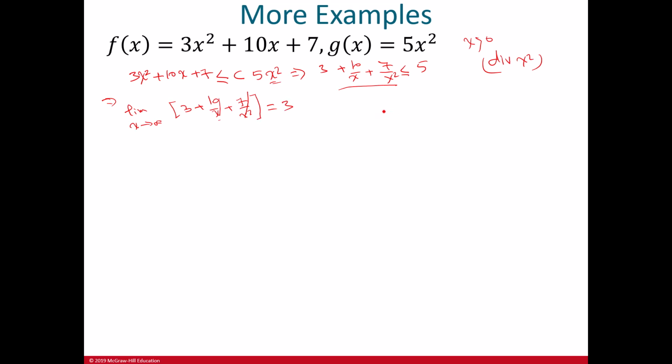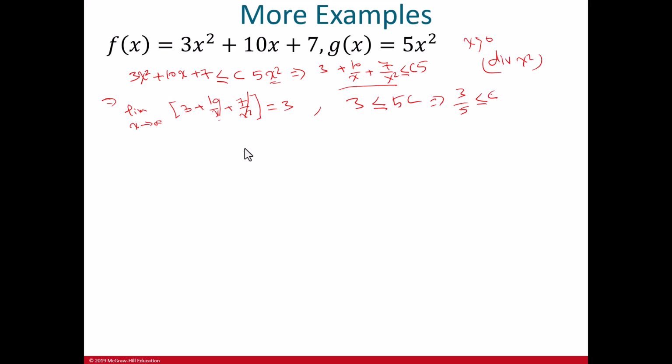All right. So when this one is 3, then I end up with something like this: just 3 less than or equal to C. It follows that C is greater than or equal to 3 over 5.